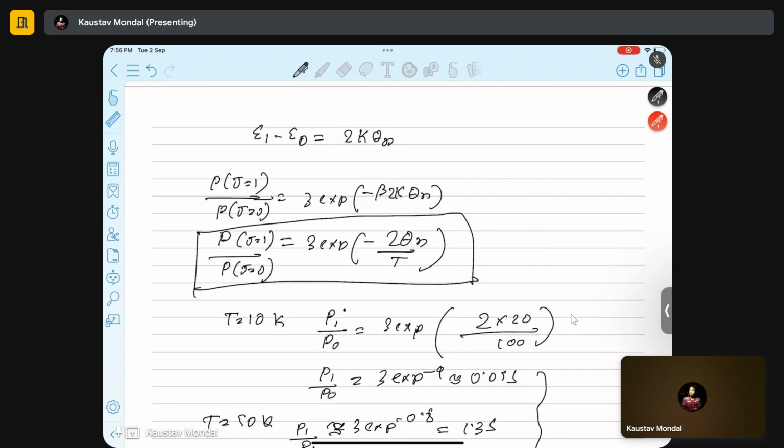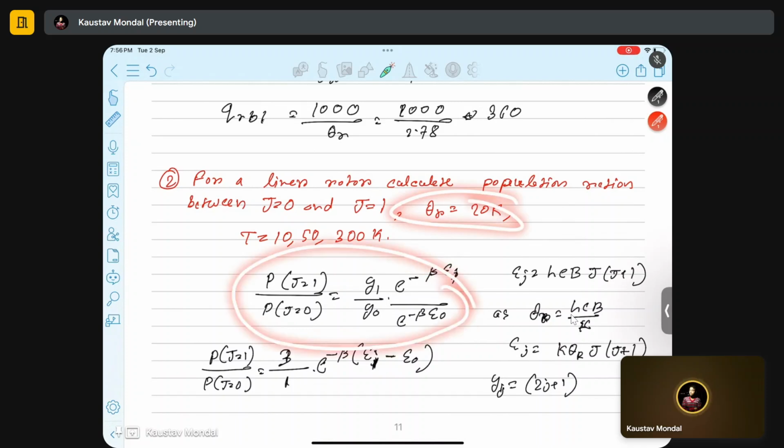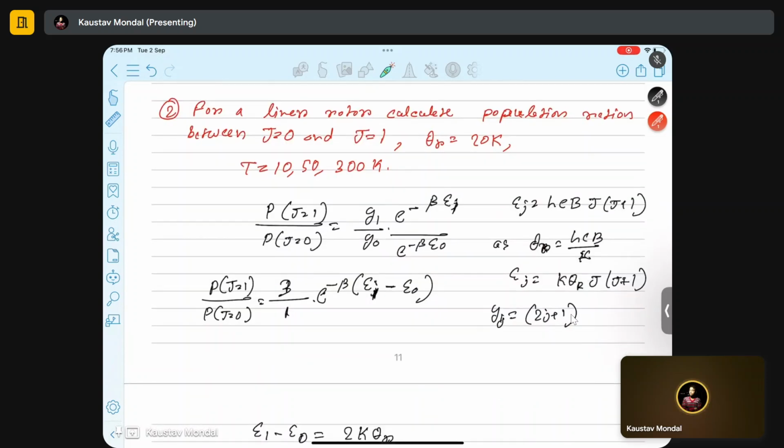Okay, so this is the problem. In this problem we have to calculate the population ratio. Only theta is given. The whole energy expression we have written only in terms of theta_r and the temperature that is applied.